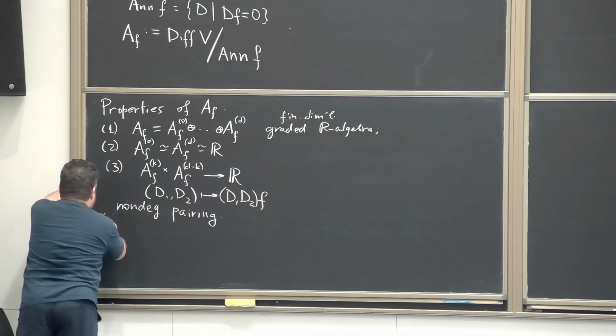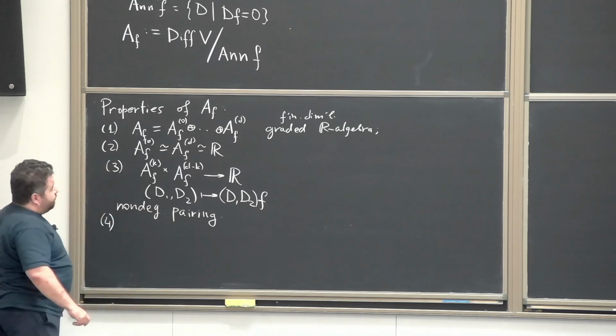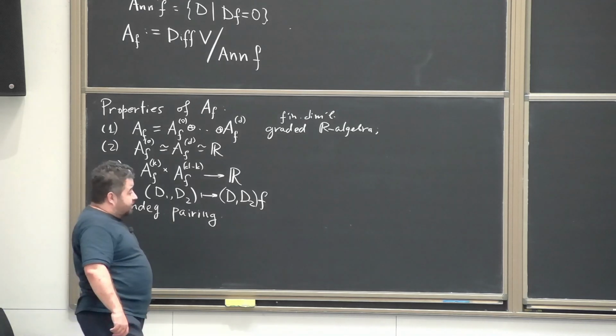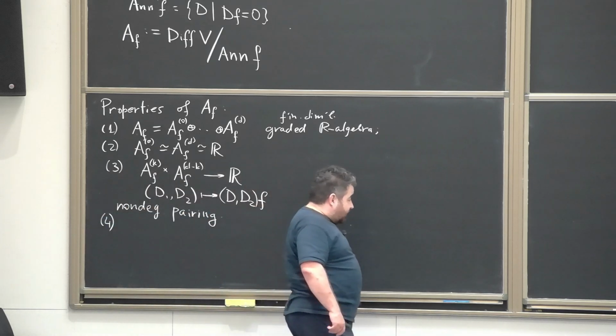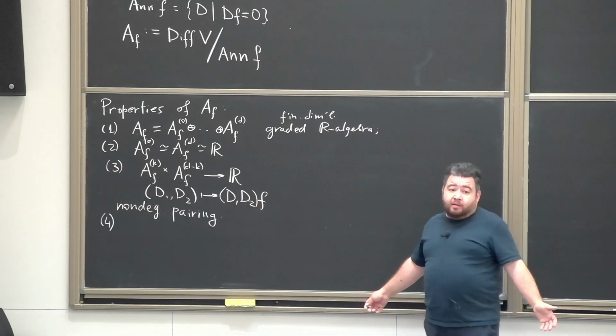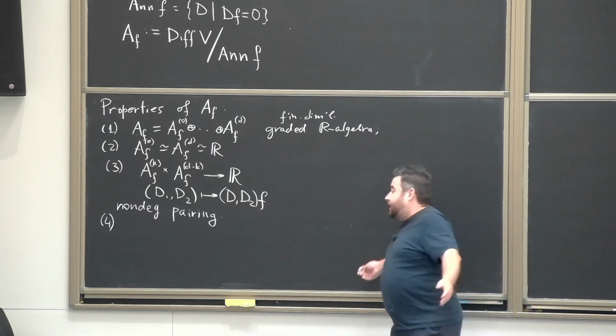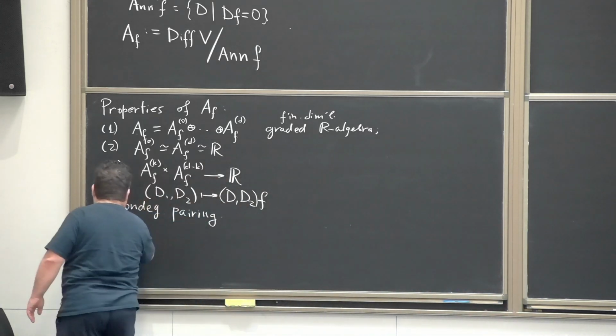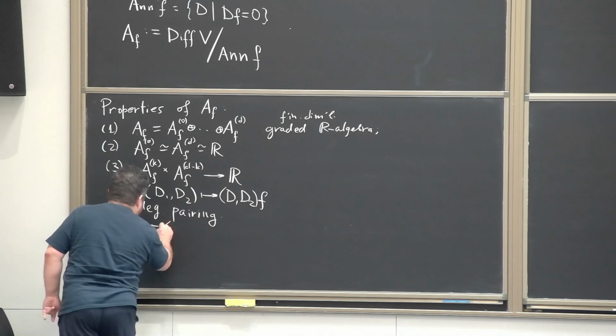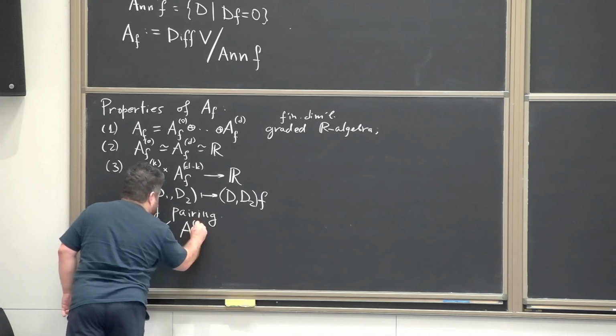The fourth property is that this ring is generated by the component of degree 1 as an algebra. So A_f is generated by the first degree component.